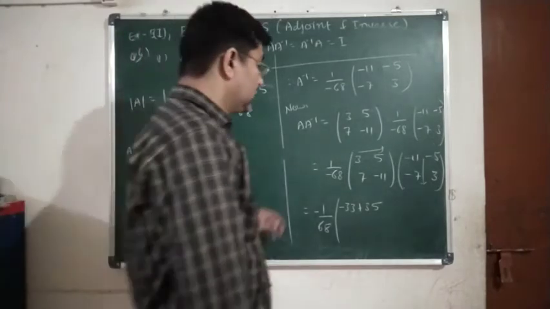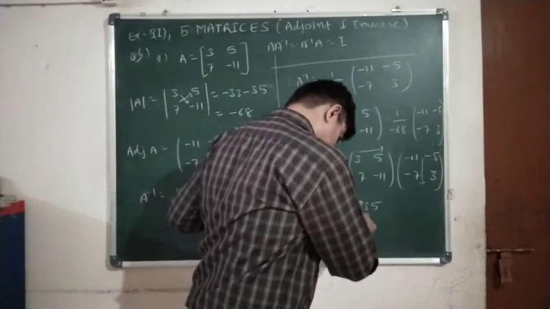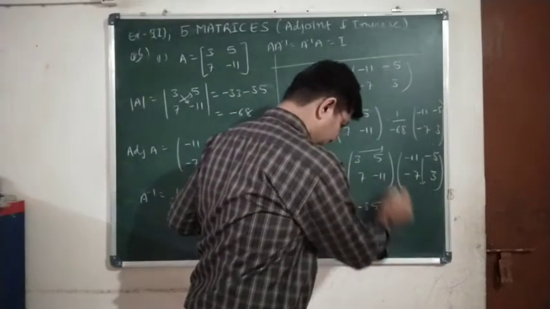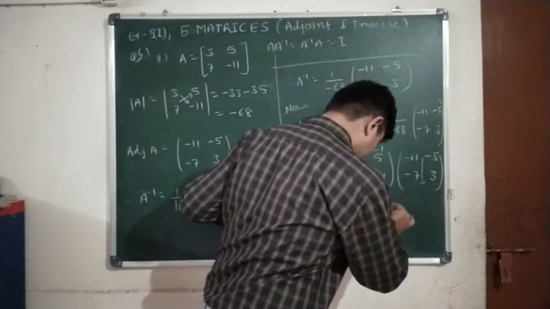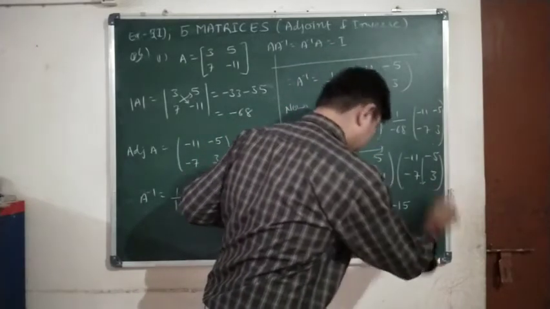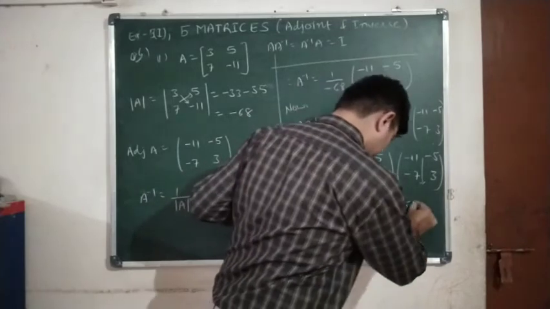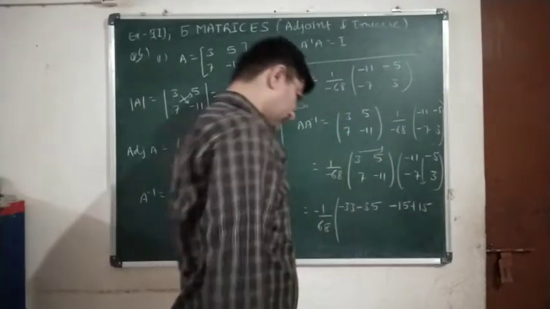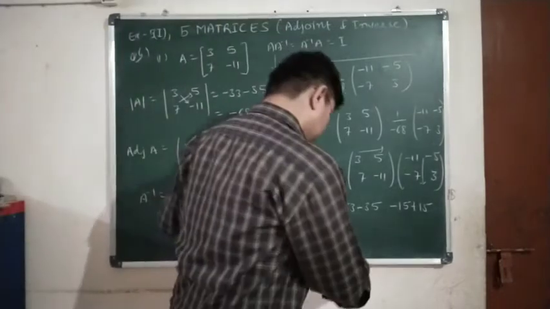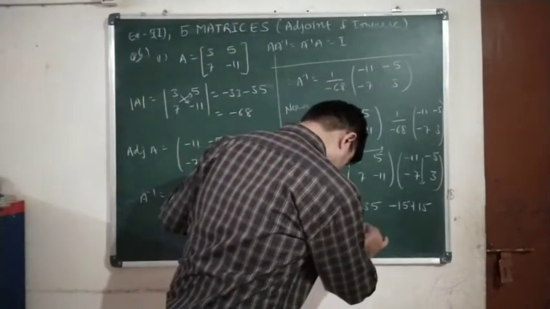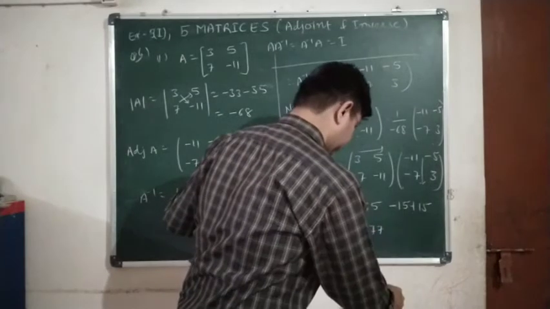Sorry, it is minus only, because plus minus minus. Again, first row into second column: minus 15 plus 15. Then 11 sevens are minus 77 plus 77.